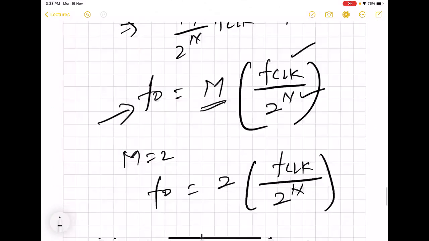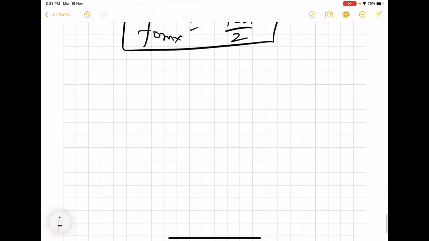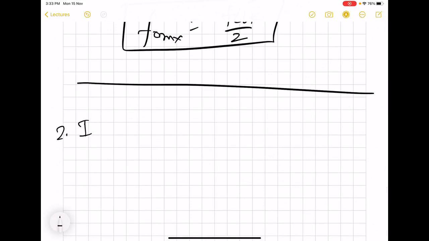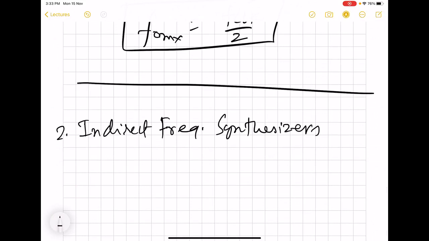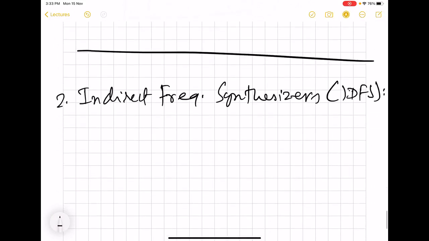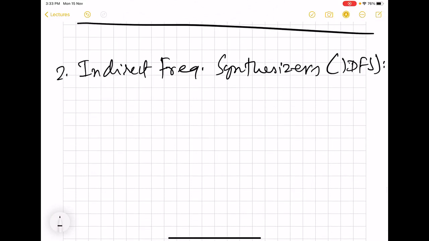Now we are going to talk about indirect frequency synthesizers. So the block level architecture of this IDFS is like this.